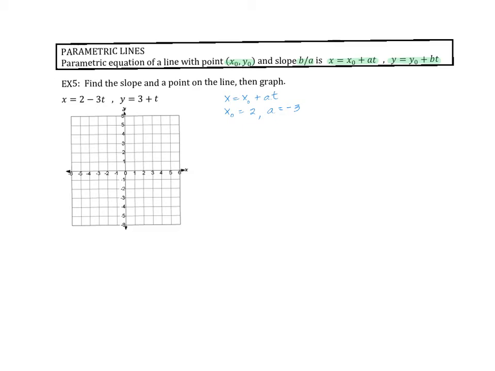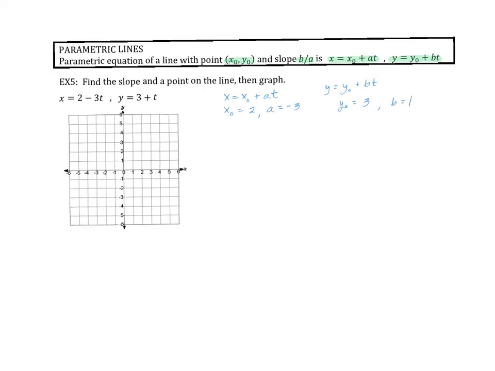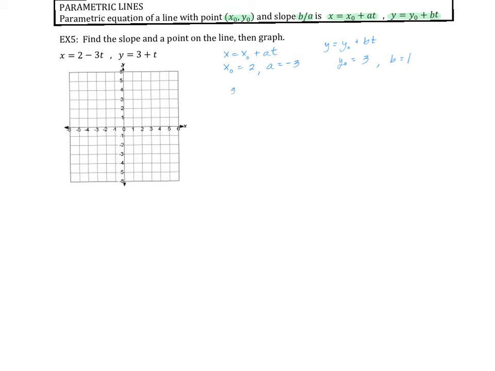Looking at the general form y equal to y sub 0 plus bt, I can see that my y sub 0 is equal to 3 and b is equal to 1, which means my slope, and we usually use m for our slope, is going to be equal to b over a, 1 over -3.